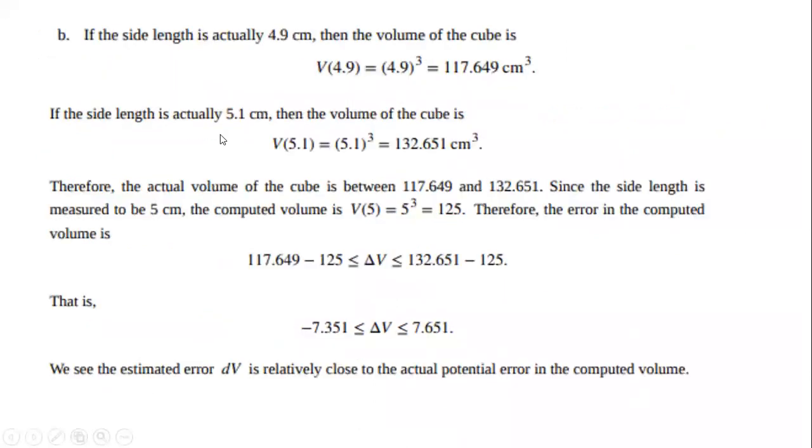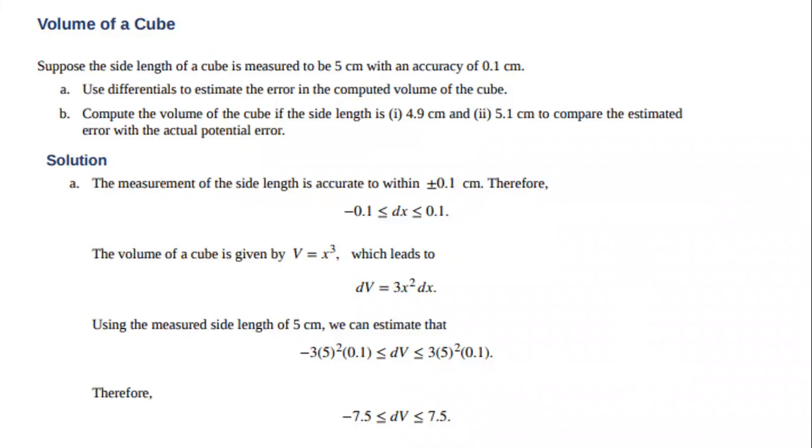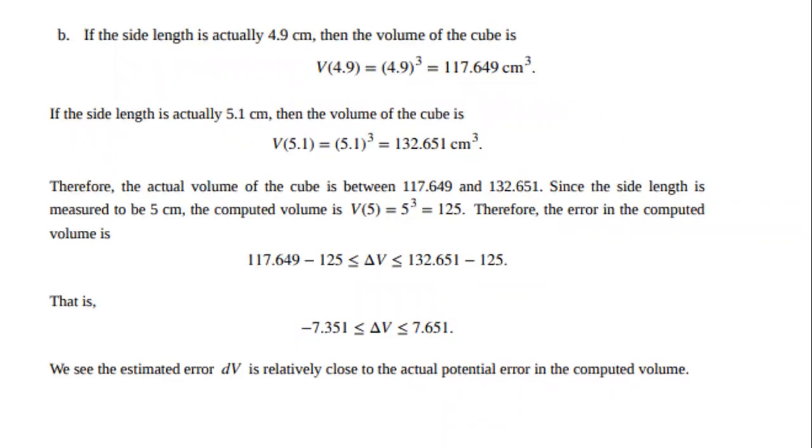Okay. So for the second part, I have to compute the volume of the cube if the side length is 4.9 centimeter and 5.1, and then compare the estimated error with the actual potential error. Let's say for the first case, the length equals 4.9 centimeter.